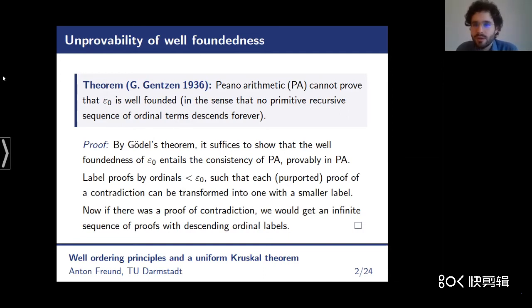So the claim that epsilon 0 is well-founded, I would say it's certainly closer to a natural mathematical statement than the consistency statement itself. However, it would of course be nice if we could make this still more natural, and if we could somehow connect it to a theorem that really appears and is prominent within core mathematics. And it turns out that we can.